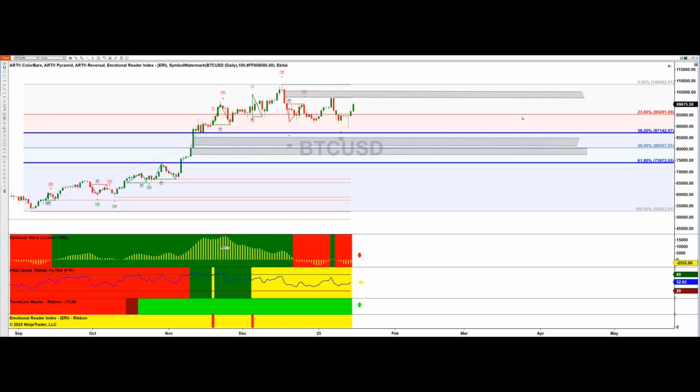That's another reason to be a little concerned that we didn't have a pullback far enough to hit those fair value gaps sitting smack right in the fib retracement area. If it doesn't hit there, that means the market is extremely bullish, because normally they usually come back and touch those. So we'll see.